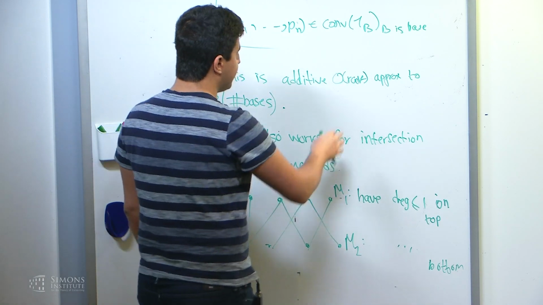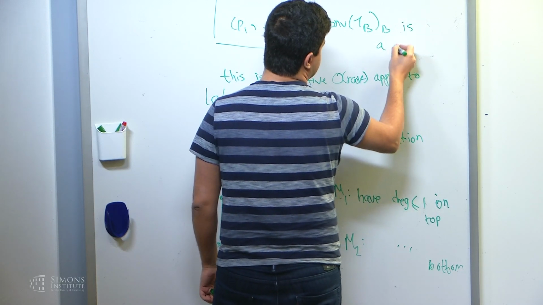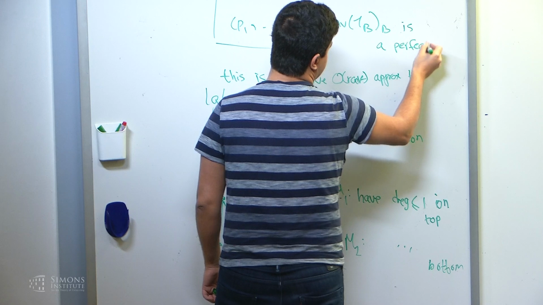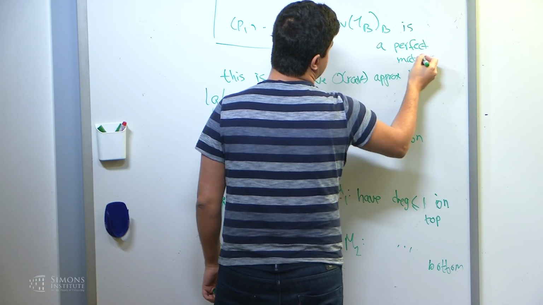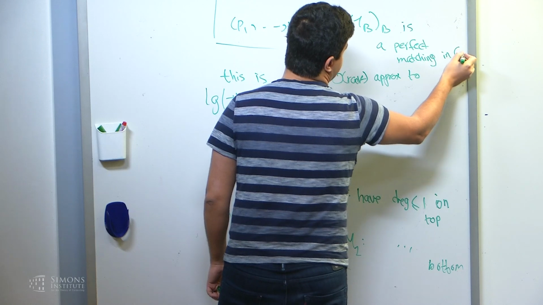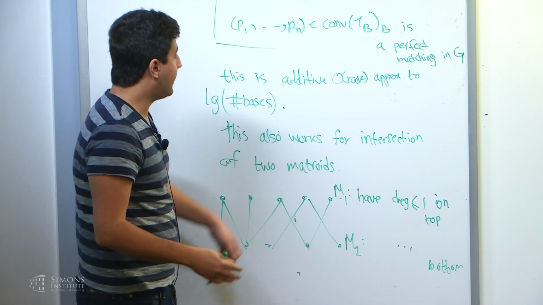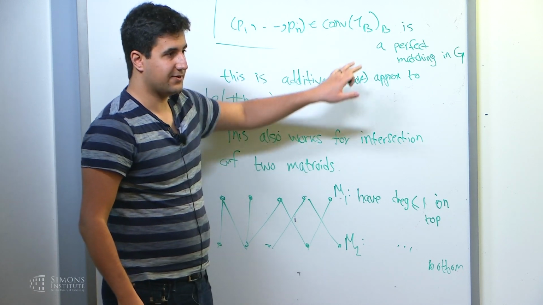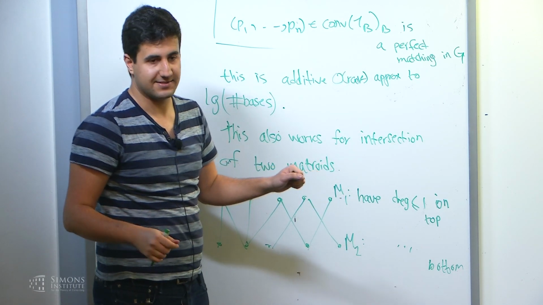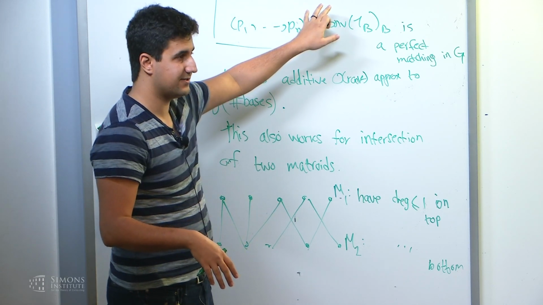So now let's say B is a perfect matching in a general graph. Here G is not a bipartite graph, right? So we know how to linearly optimize over this polytope using very sophisticated algorithms. And using those, you can optimize this function still.